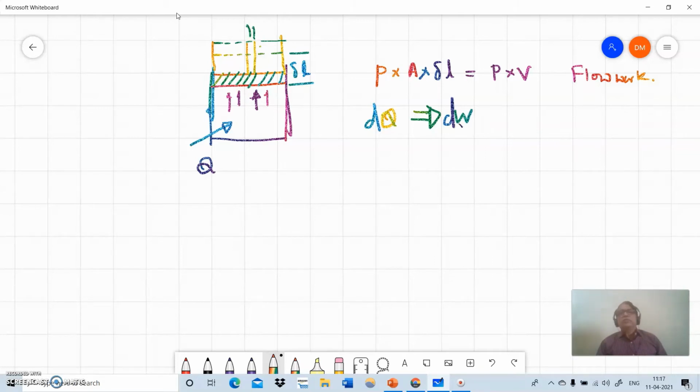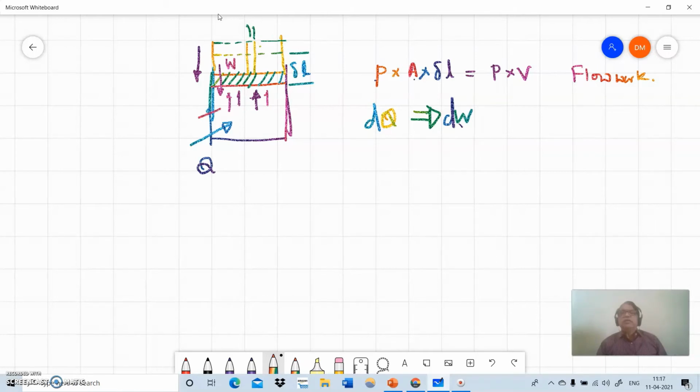Now if I want to reverse this, add the same amount of work on this, that is force, P into A, into delta L. If I apply it here and it comes back to the initial position, then work is transformed into the system.